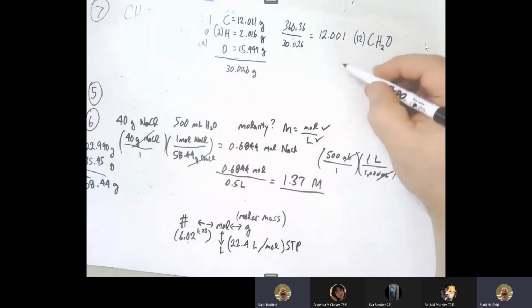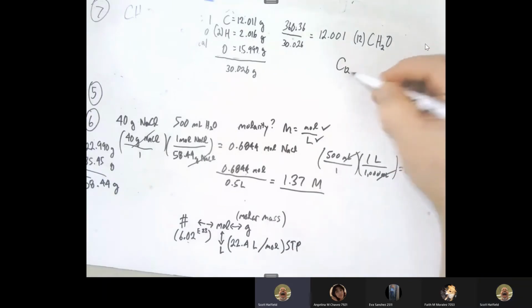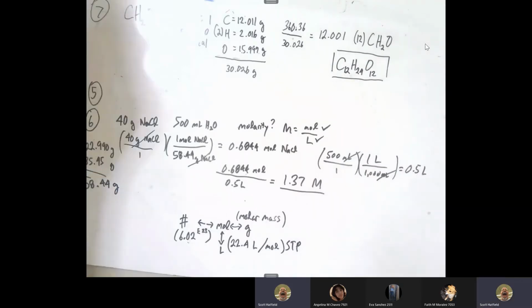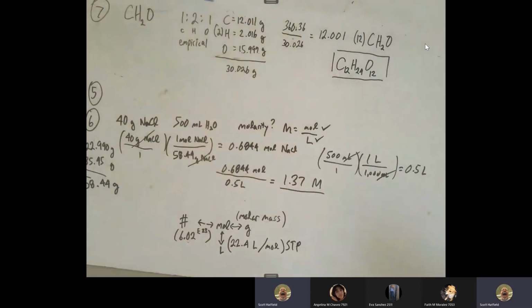So if we do that, we'll end up with 12 carbons, 2 times 12, 24 hydrogens, and 12 oxygens. And that is the actual answer. Okay, so let me turn that off. There's some glare there, okay?